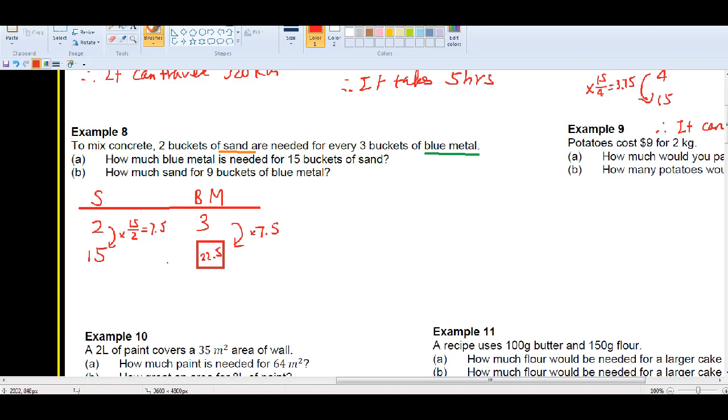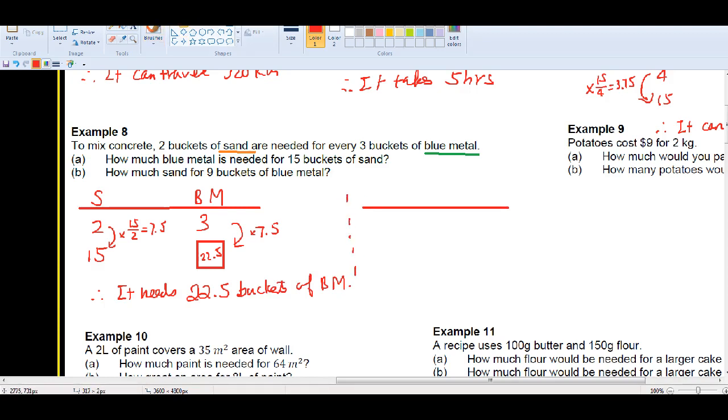Okay, so the answer is, it needs 22.5 buckets of blue metal.